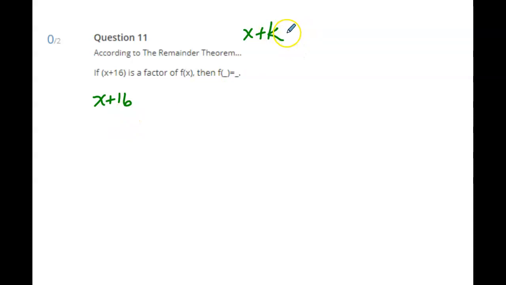And we set that equal to 0, and then we substitute f of negative k, because when that's equal to 0, x is equal to negative k, right? And when we evaluate f of negative k, that's going to equal the remainder. That's what the remainder theorem says.